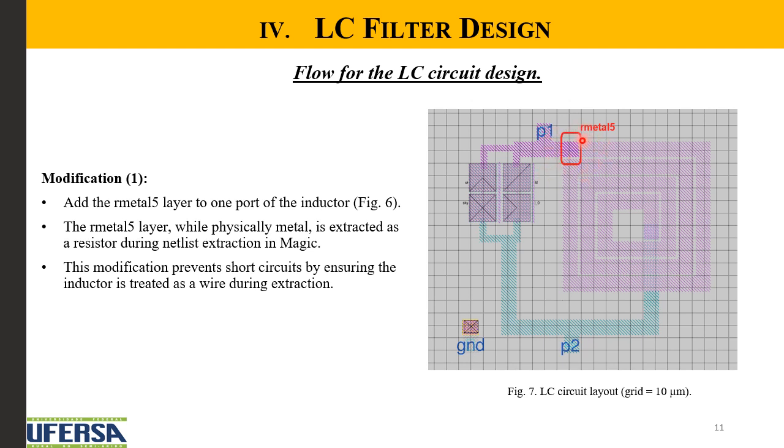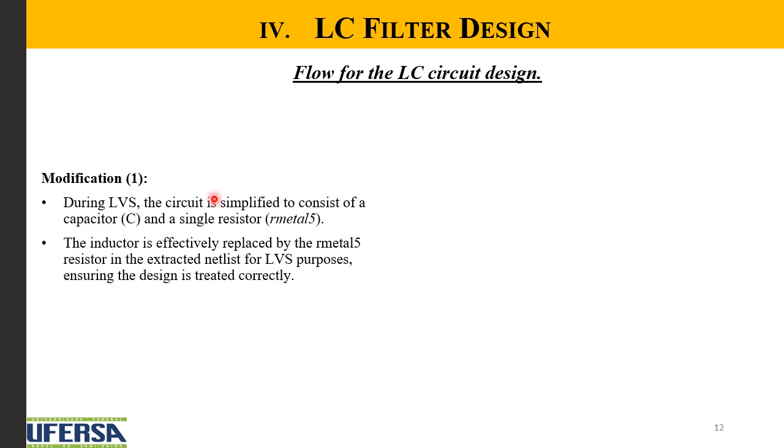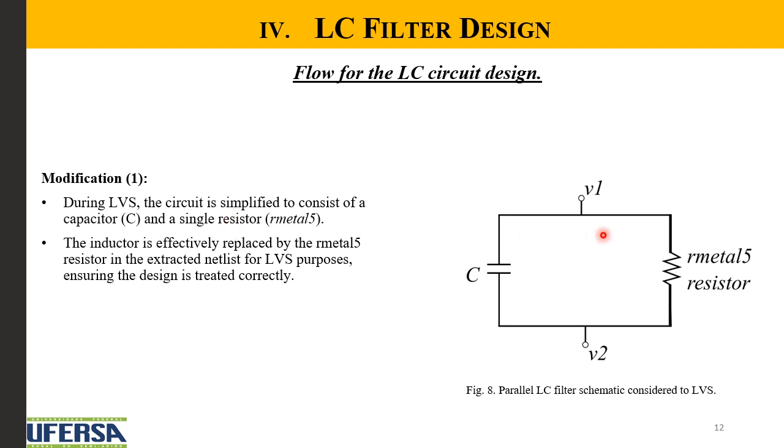So this resistance prevents a short circuit, because otherwise the inductor is treated just as a simple wire. So this resistor prevents the short circuit between P1 and P2. So this circuit is used for LVS purposes: the capacitor sees the same capacitor, but this resistor replaces the inductor.